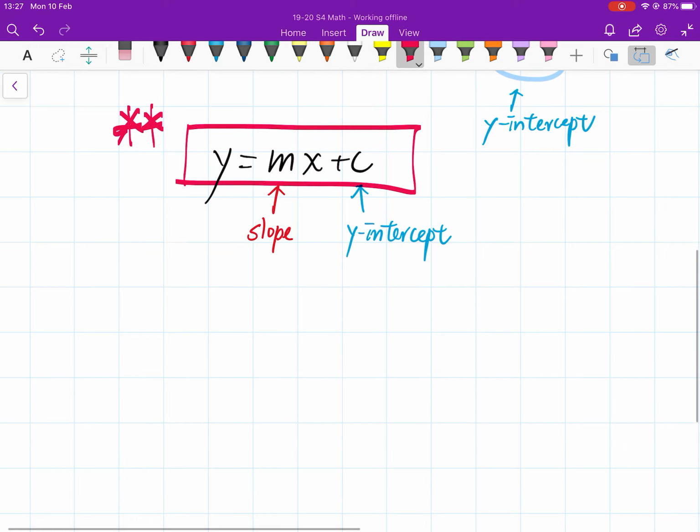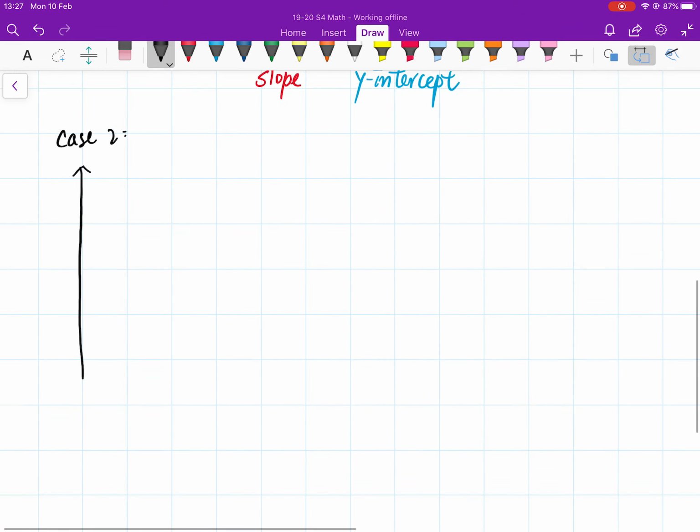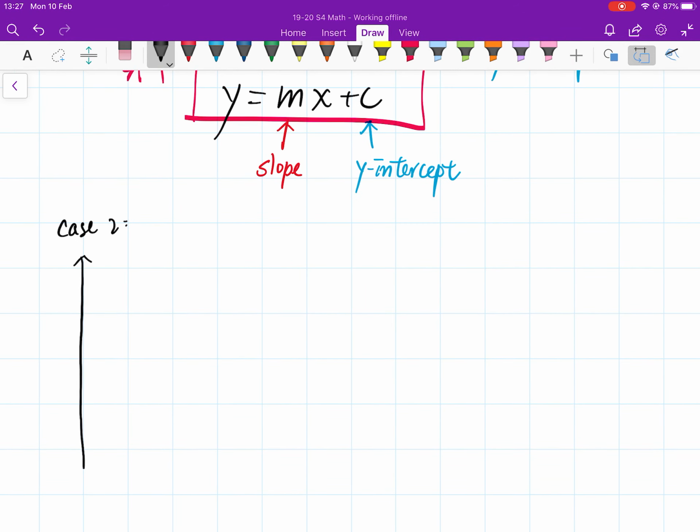Then we will take a look at case 2. Again, please help me to construct the xy axis. In case 2, we are going to talk about horizontal line.